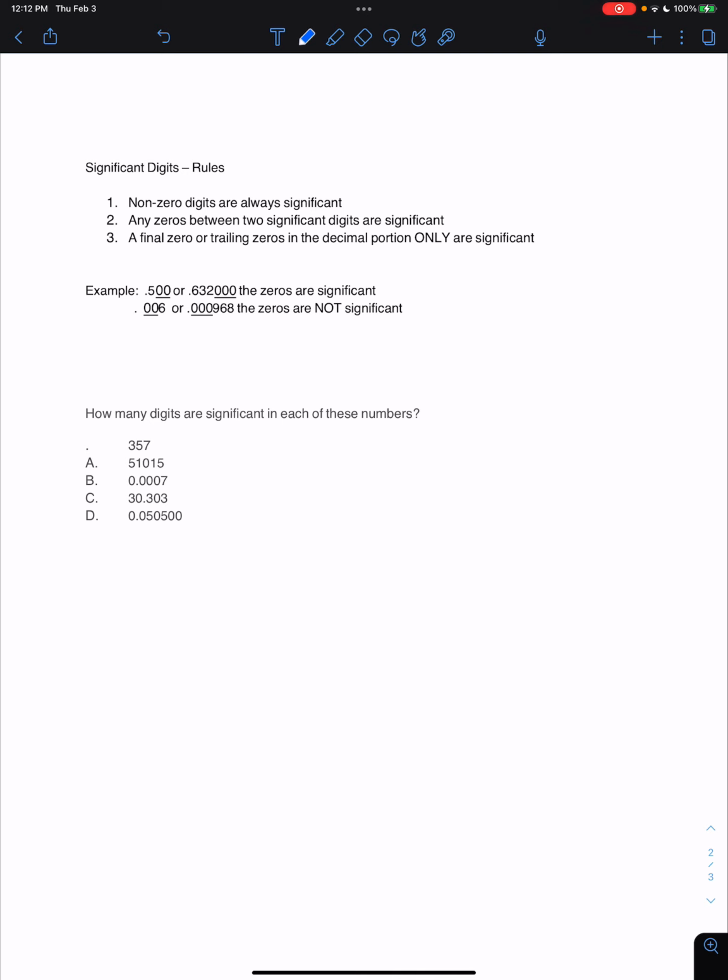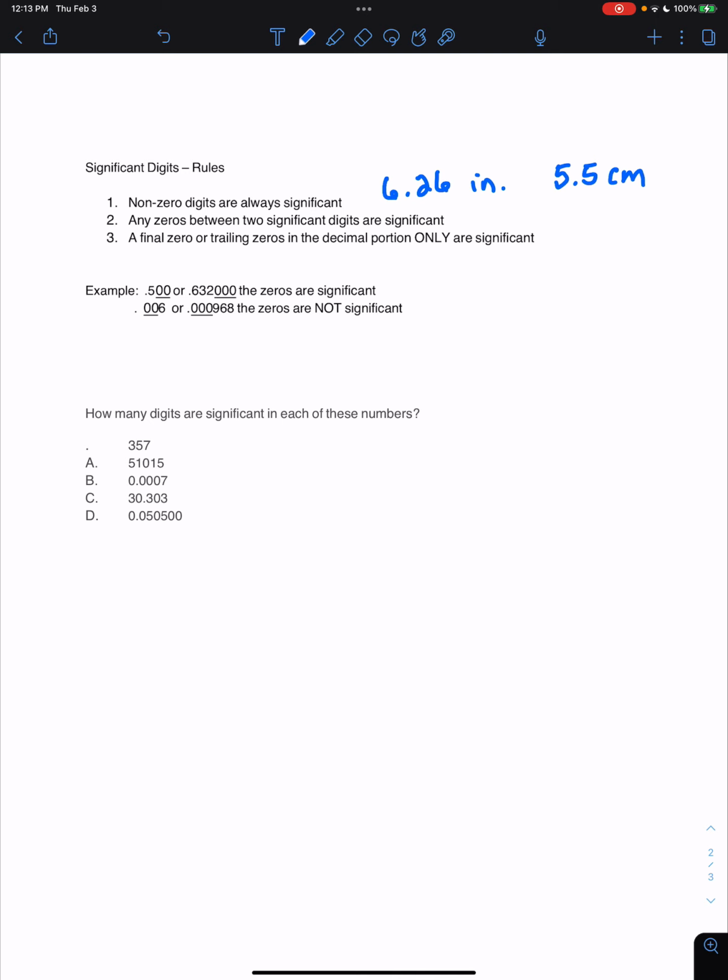Non-zero digits are always significant. So if we have a measurement, let's say 6.26 inches or 5.5 centimeters, we know that all of those digits are significant.